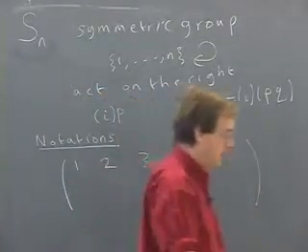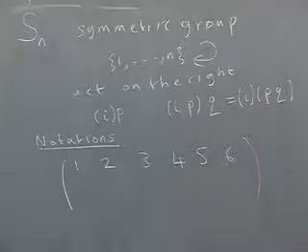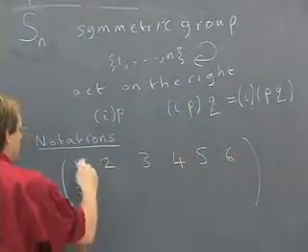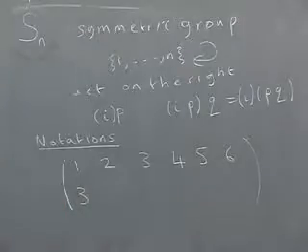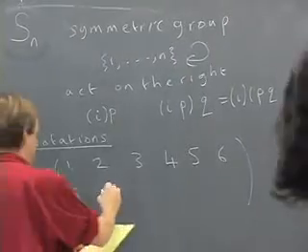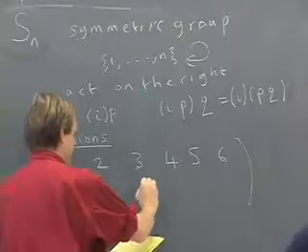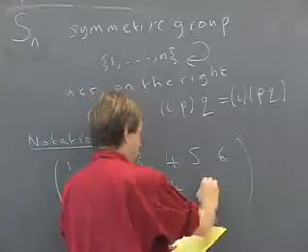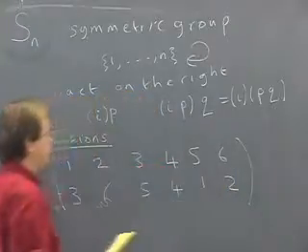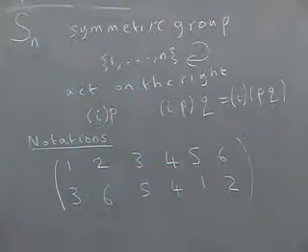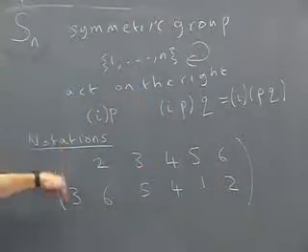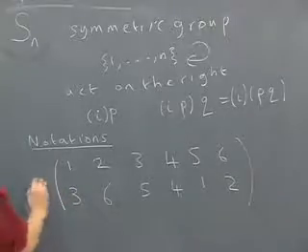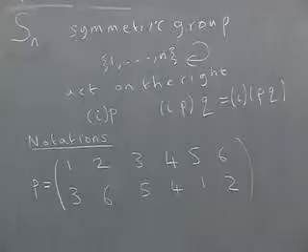So if I had an element of the symmetric group on 6 letters, which sent 1 to 3, I would write 1 underneath the 3 to show that 1 goes to 3, and then we might have 2 to 6, 3 to 5, 4 to 4, 5 to 1, and 6 to 2. So this is the permutation that sends an element of this row to the element of that row. I'm going to be using that a lot, so let me call that particular permutation P.